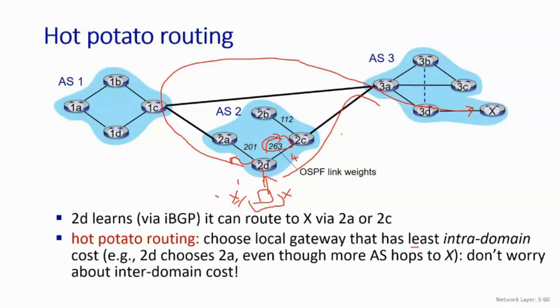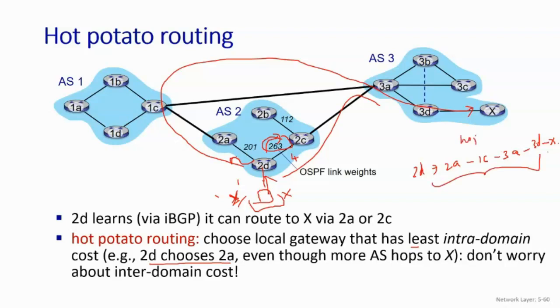If it is OSPF, the routing protocol for internal routing, and X belongs to the same autonomous system, then definitely it will select based on the least cost route. But X does not belong to the same autonomous system, so what will the path be? 2D will select 2A, even though the packet has to pass through two autonomous systems to reach X. The path is 2D to 2A, then 1C, then 3A, and then internal routing to X. The number of links here is 1, 2, 3, 4, 5.